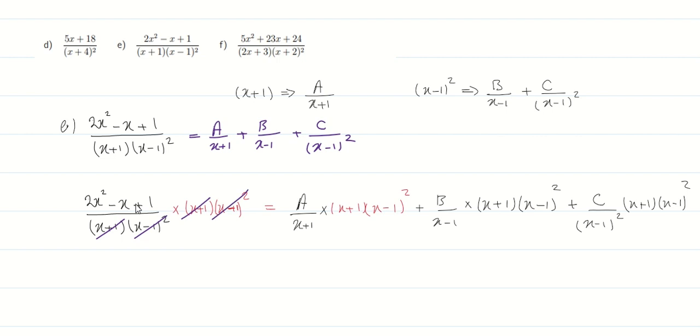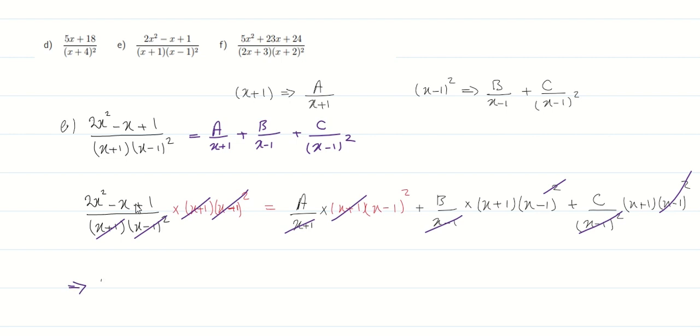Looking at the right side, we have x plus 1 on the top and on the bottom. Looking at the second expression, we have x minus 1 on the bottom and x minus 1 squared on the top, which would leave us with x minus 1 on the top. And in the last term, we have x minus 1 squared on the bottom and on the top. So I'm just going to write the expressions now.